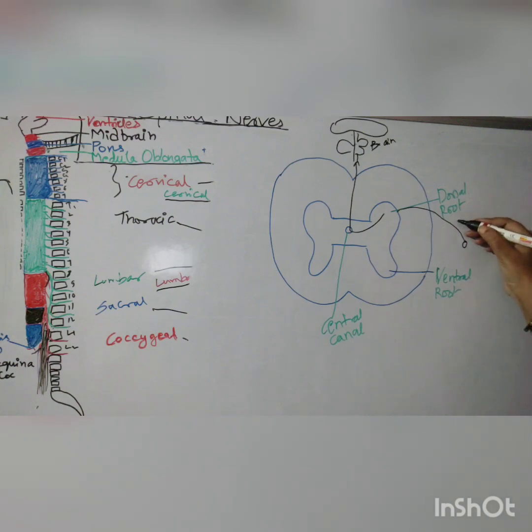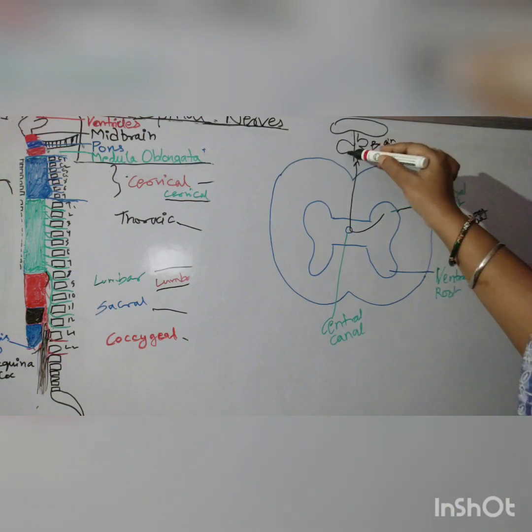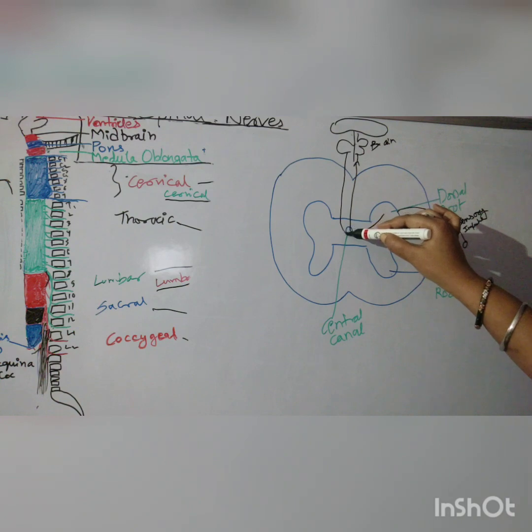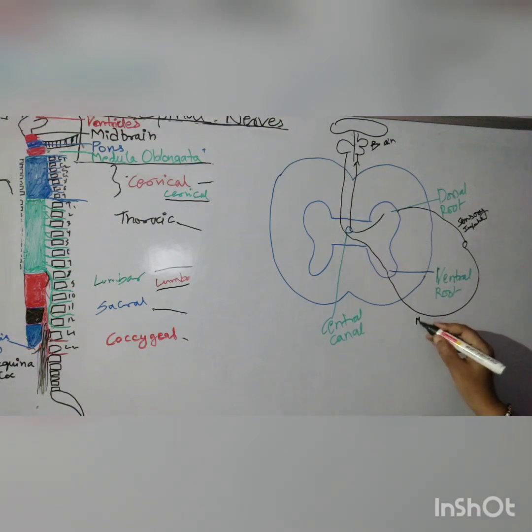This is called a sensory impulse. This is going into the brain. The brain analyzes that, and again it sends a response, and this will come through the ventral root to that organ. This is called your motor.